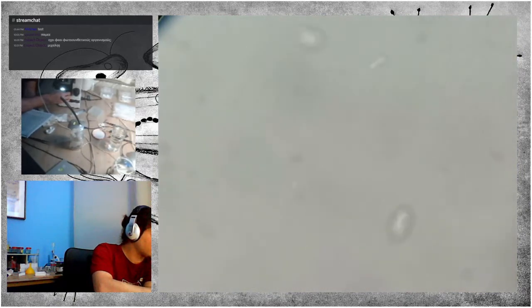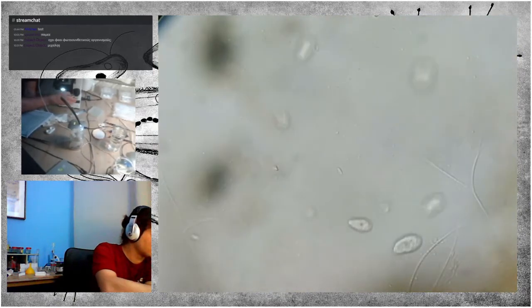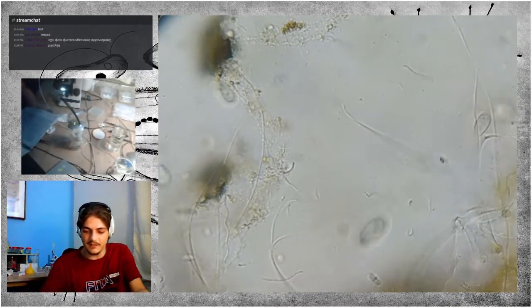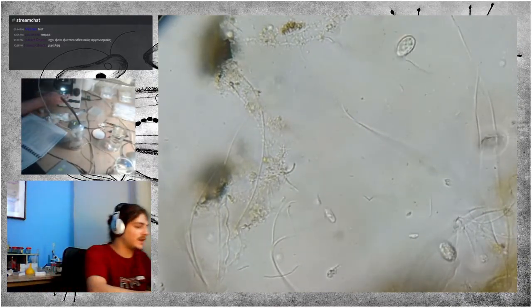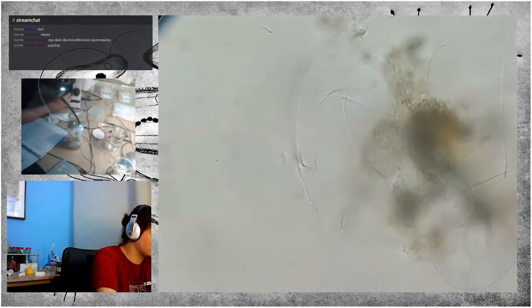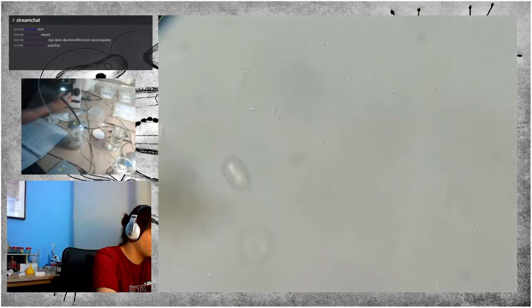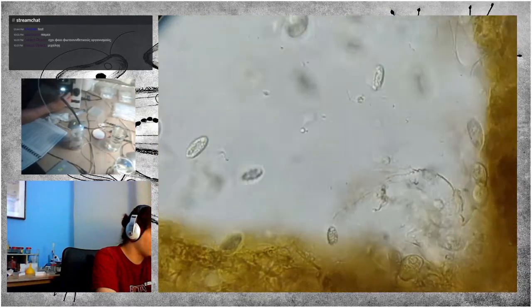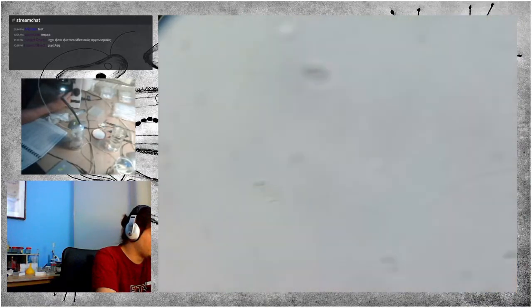I think we lost it. Let me see if I can find it, because I think I found one that might represent the one that we found. Oh, here it is. So based on the shape, I think.